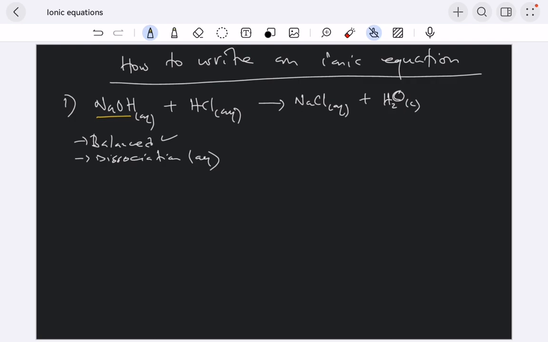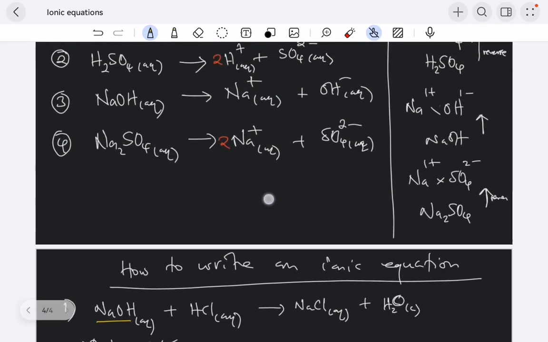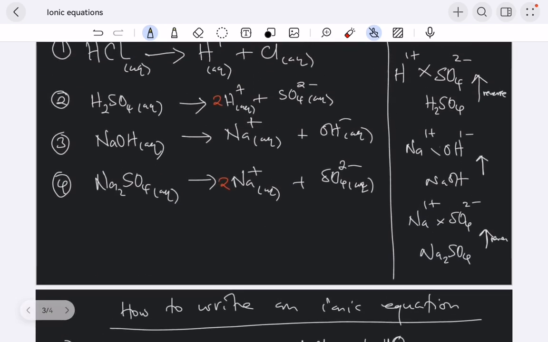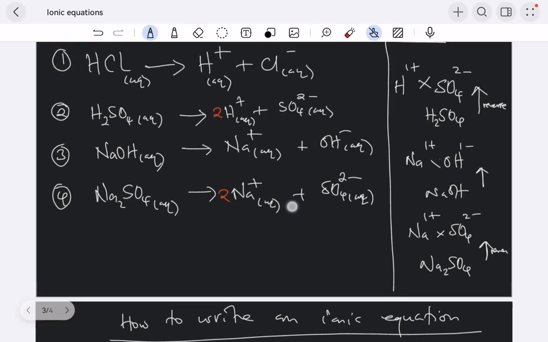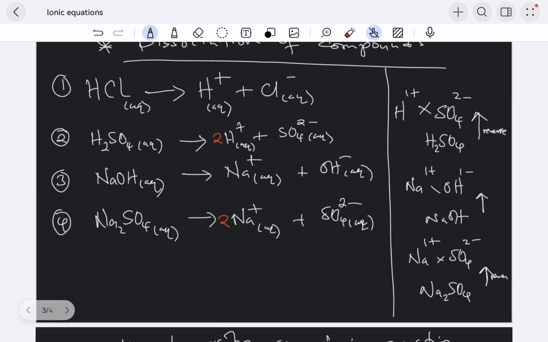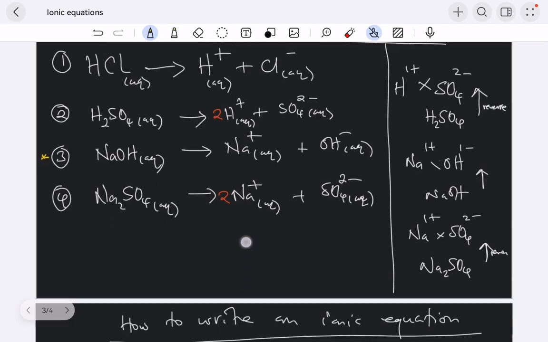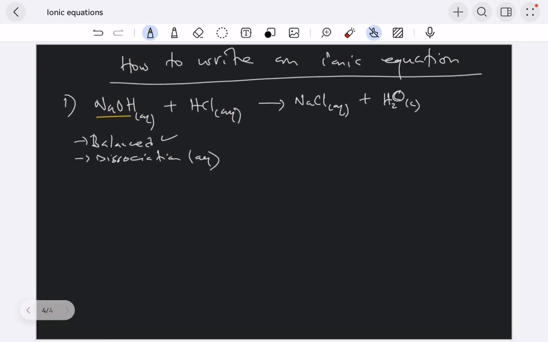sodium hydroxide, remember we got something like this. When this is dissociated, you get Na+ aqueous plus OH- aqueous.